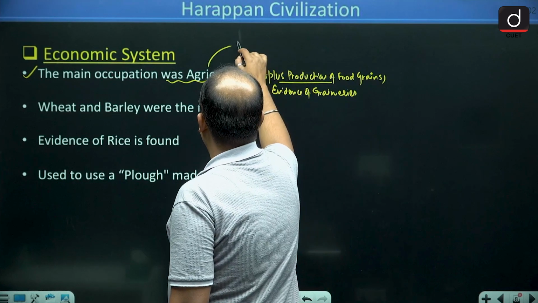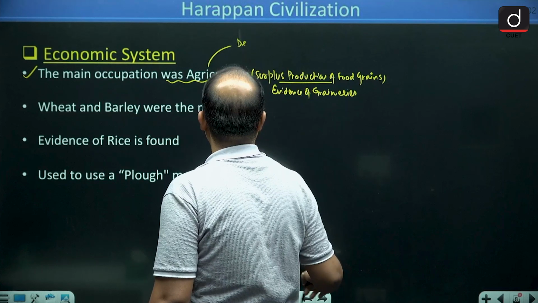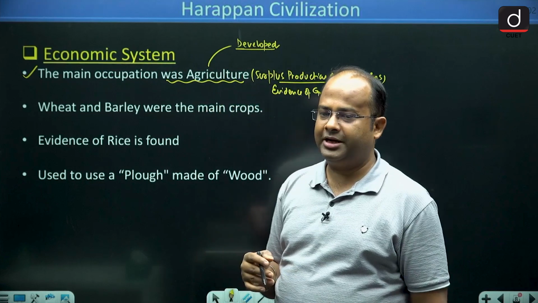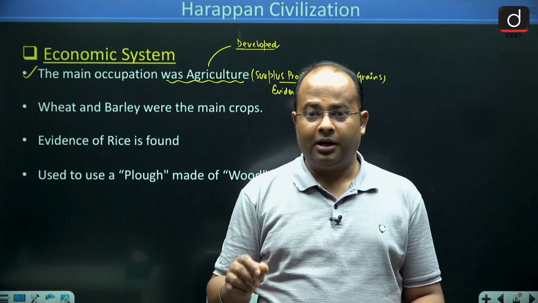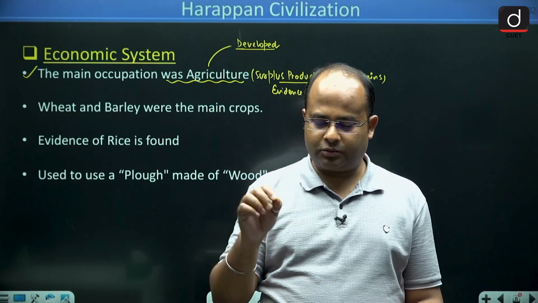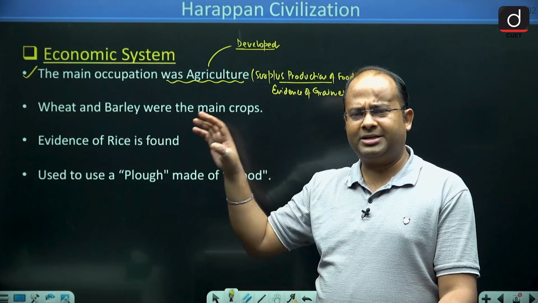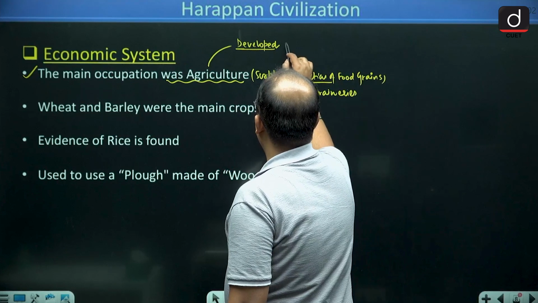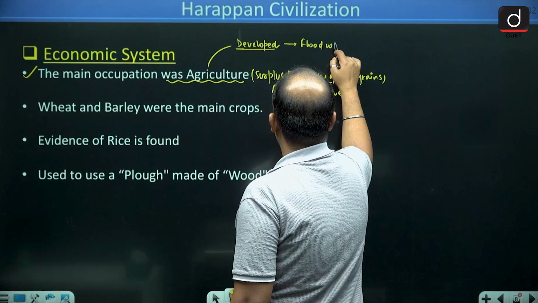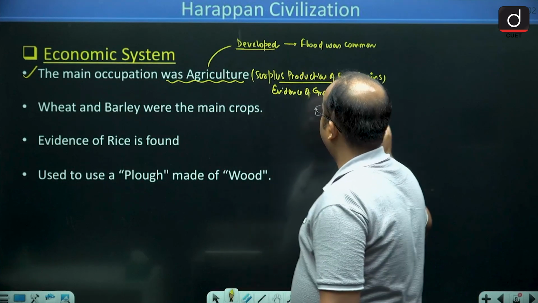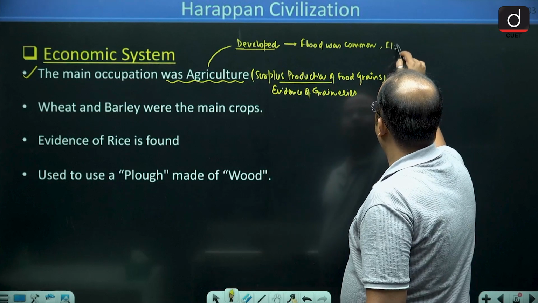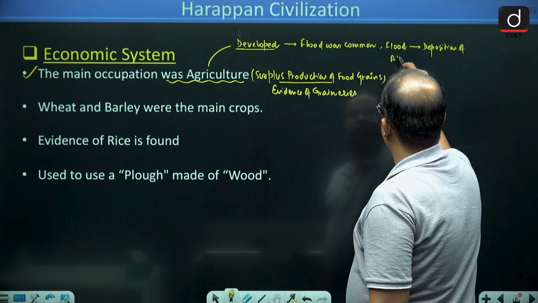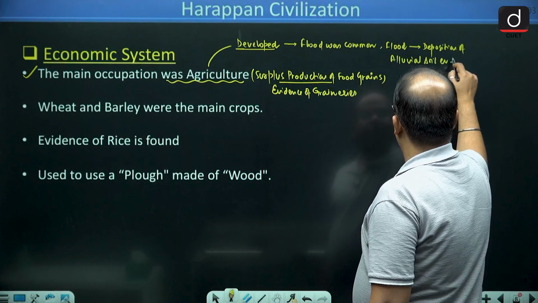developed. Reason is this, my dear friends, because maximum sites of Indus Valley were located around the rivers, and in rivers during the time period of Indus Valley, the most common incident was the flood, because at that point of time we did not have the art of making dams, so flood was a very common phenomenon. So flood was common in the areas of Indus Valley, and from flood there is deposition of alluvial soil every year.